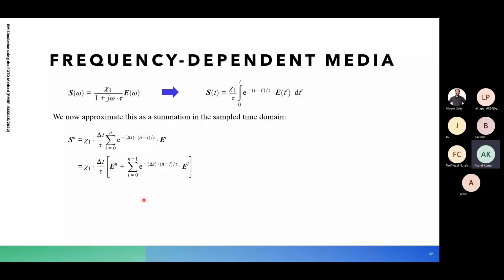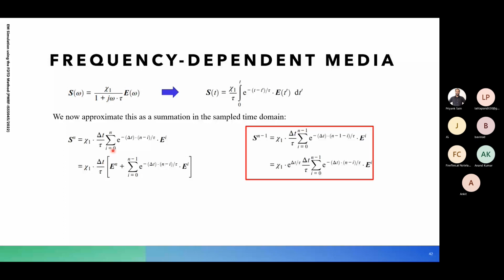You can see that now Sn can be expressed in terms of En, and again the summation of all the values of electric field from previous times. To remove this dependence on storing the electric field at all previous times, we calculate the value of Sn minus 1, and we see that we can give Sn like this.